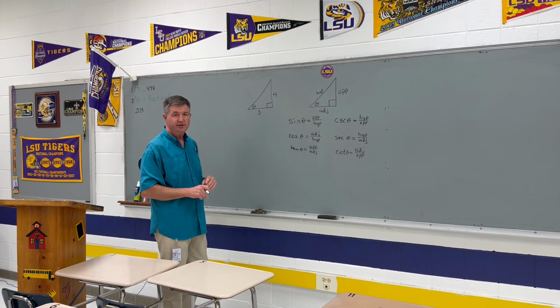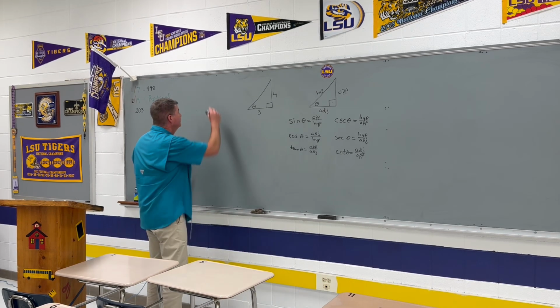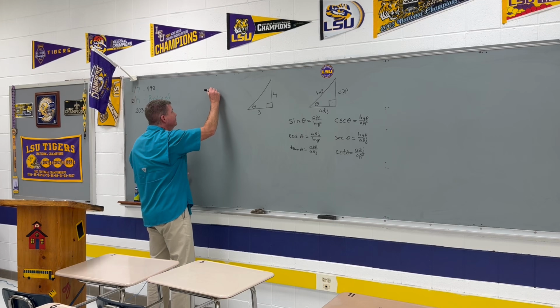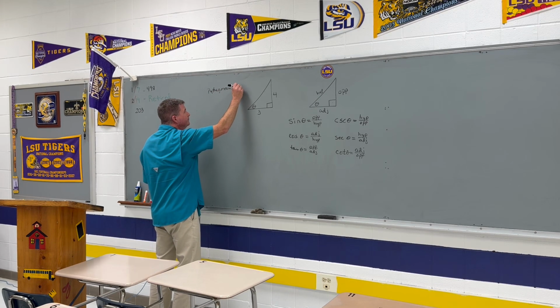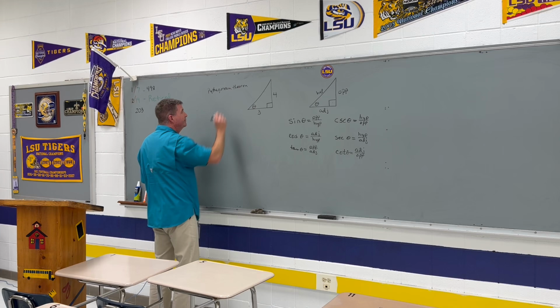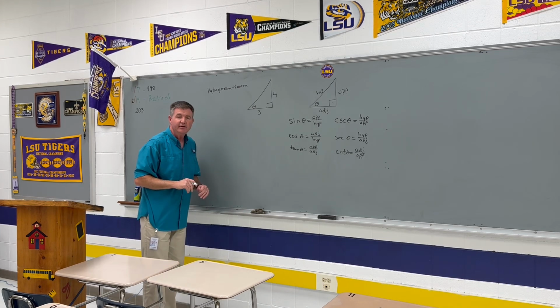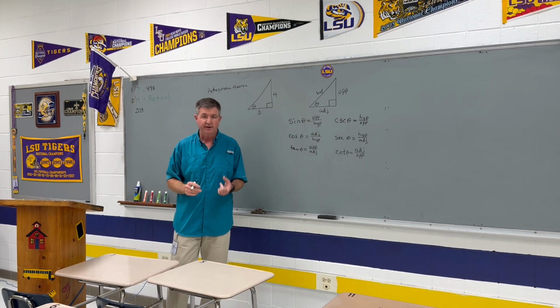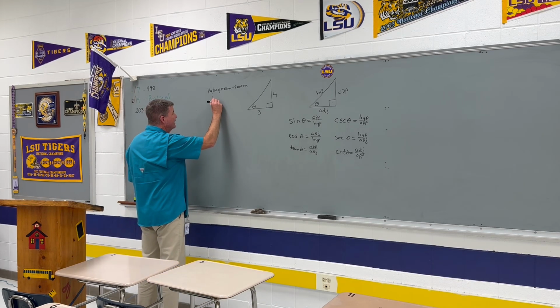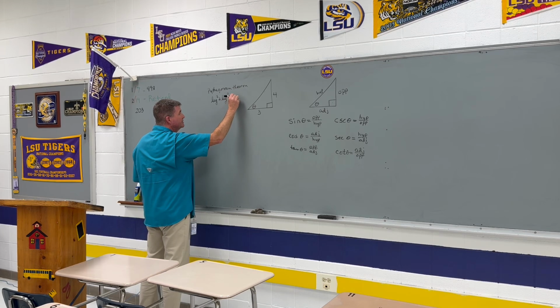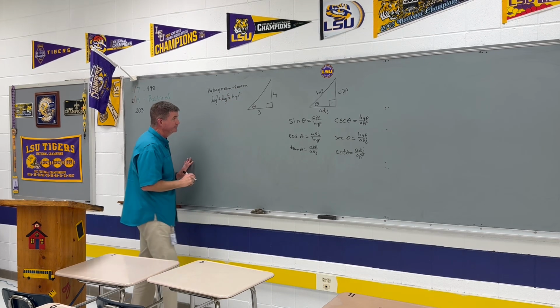In this case, we're going to use the Pythagorean theorem. The Pythagorean theorem is a squared plus b squared equals c squared, but I like to use the leg squared plus the leg squared equals the hypotenuse squared.